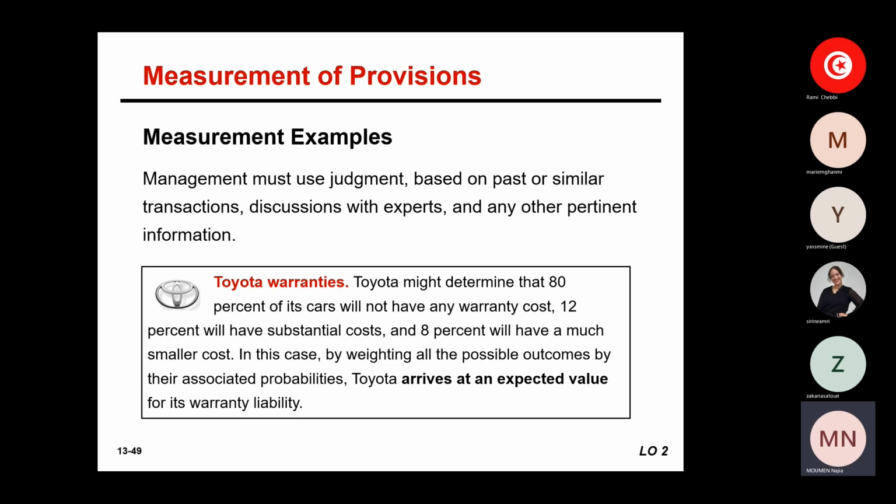Okay, so when you say the best estimate, you should, of course, rely on professional judgment, and this professional judgment will be based on what? On past events, past circumstances, similar transactions, when you will also be calling for experts that will give their appraisal, their valuation.